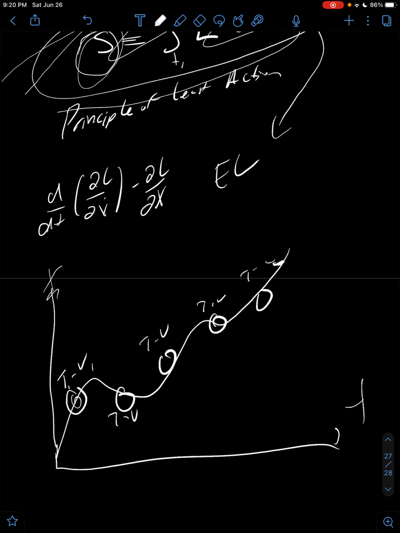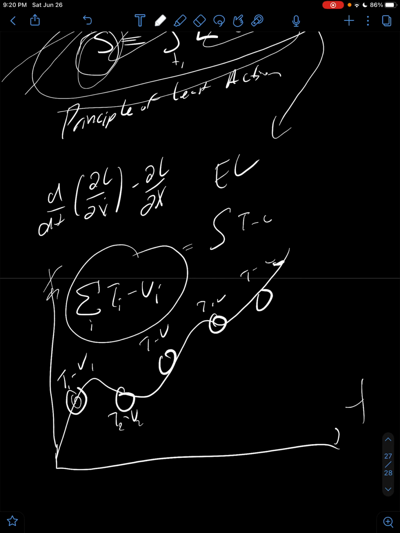So you have t1 minus v1, t2 minus v2, and an infinite number of in-betweens, ti minus vi, and you're summing them. It's a continuous sum, so it's just an integral of t minus v, which is just the action. Objects will always take the path where this action takes the smallest value. That's just writing it in more visual terms.